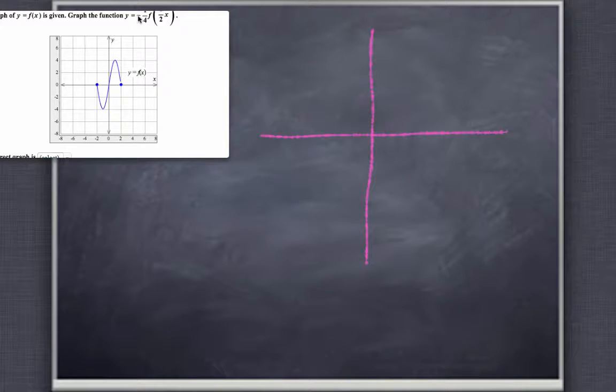Okay, so we have a negative, which would flip it upside down. We have a 1/2 x, which makes it horizontally doubled. 1/4 y, which makes it 1/4 as tall. So this is 4.